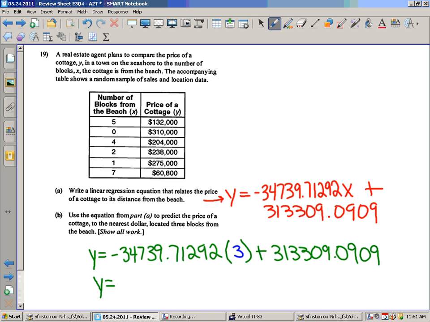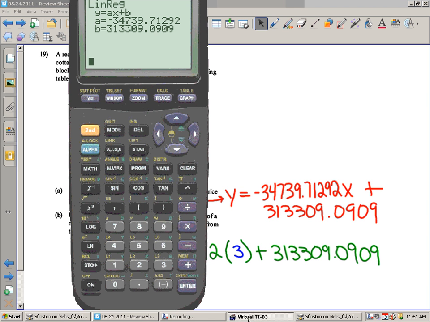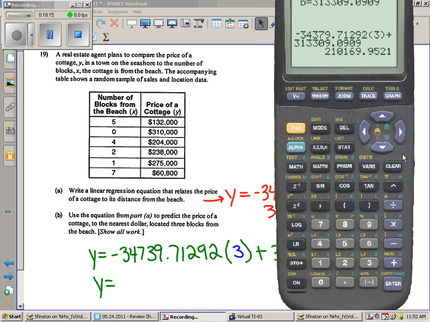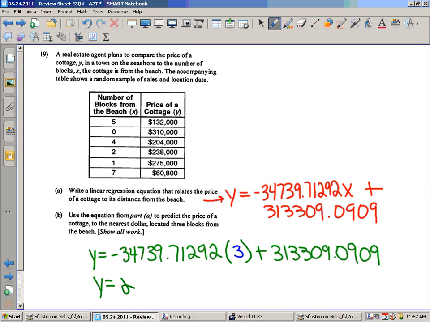And so y is going to be equal to, I'm just going to punch that in. And so the price of a home, 3 blocks from the beach, should be something like $210,169, and that makes sense. To the nearest dollar, so that's 210,170.